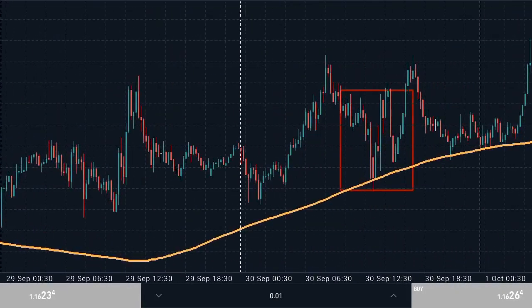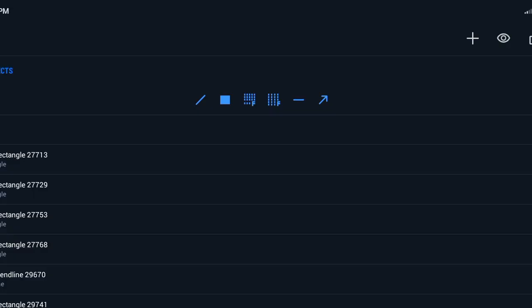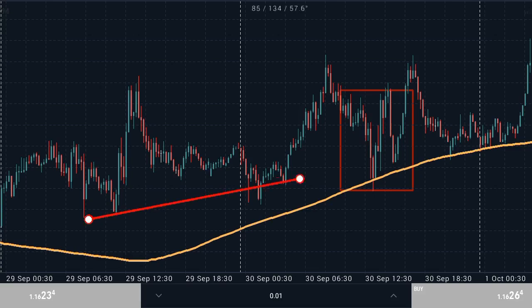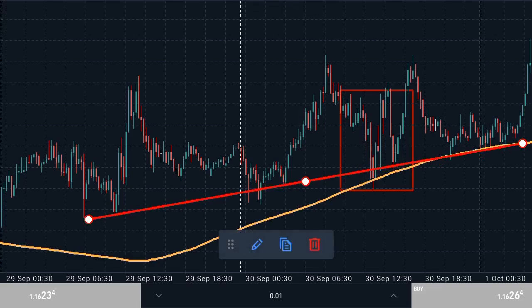Now look at this trend line support. Look at it. Like I always say, price always comes back to that region of support.